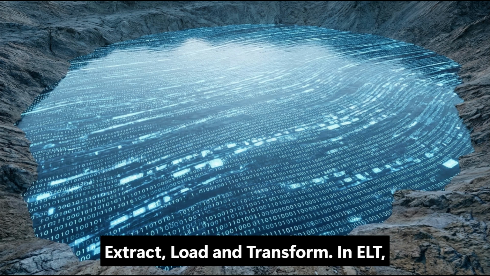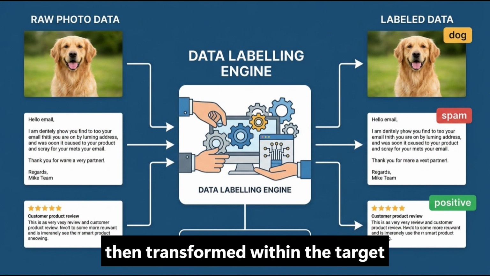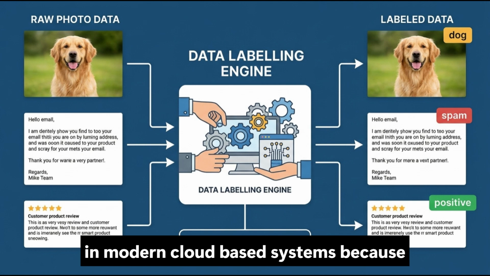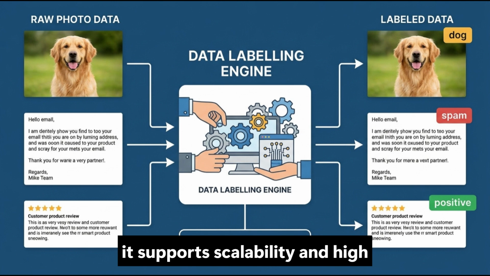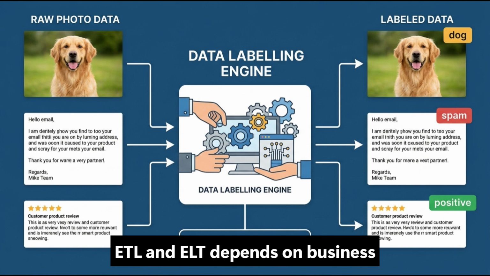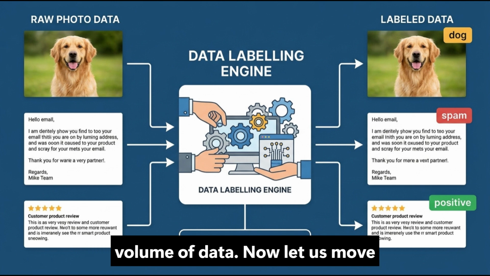ELT stands for extract, load, and transform. In ELT, data is extracted and loaded first, then transformed within the target storage system. ELT is commonly used in modern cloud-based systems because it supports scalability and high-performance analytics. The choice between ETL and ELT depends on business requirements, infrastructure, and the volume of data.